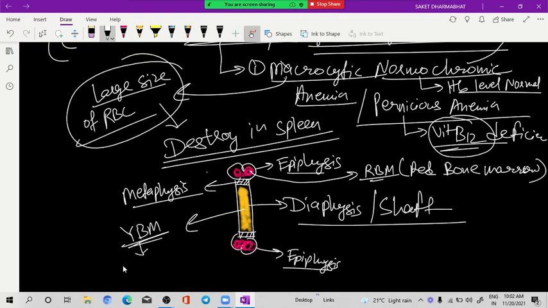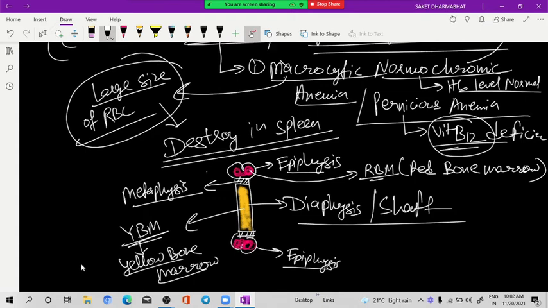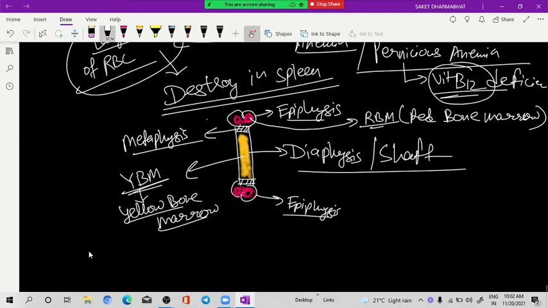YBM, yellow bone marrow. Clear? Okay. Now red bone marrow produces the formed elements. What are the formed elements? RBC, WBC and platelets.